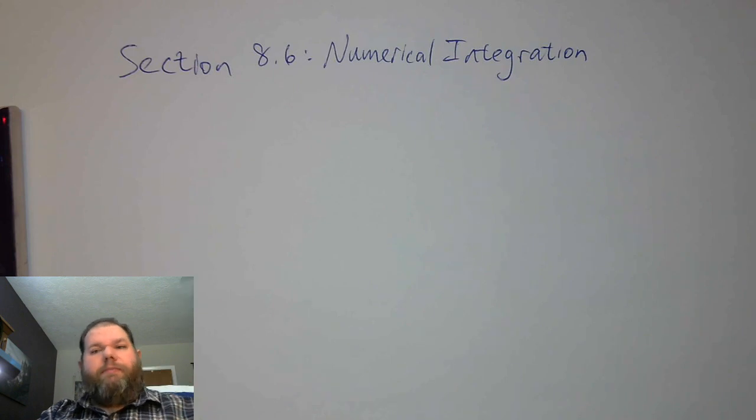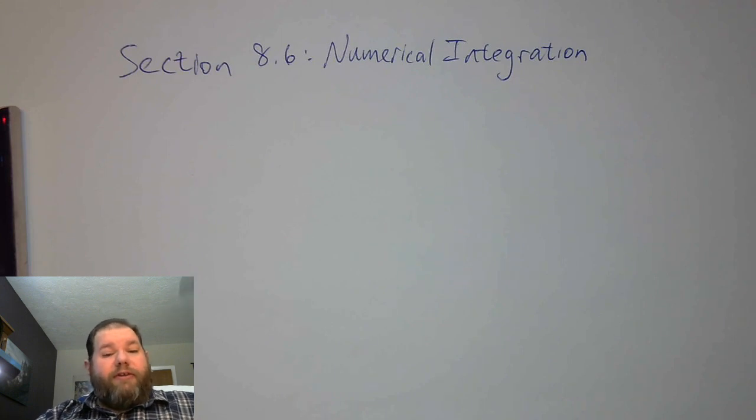And the question is, if we can't integrate by hand, is there a way that we can approximate it? It turns out there's a variety of ways which we may do that. And this is the first way that we'll examine, which is numerical integration.